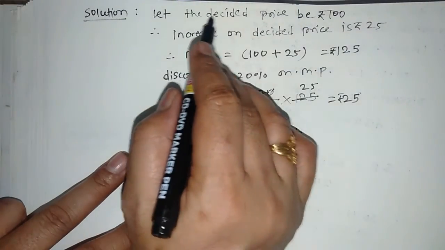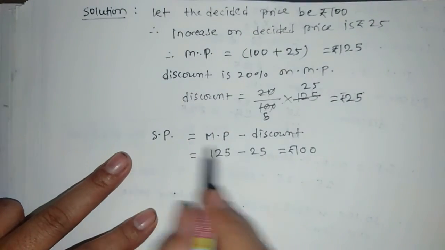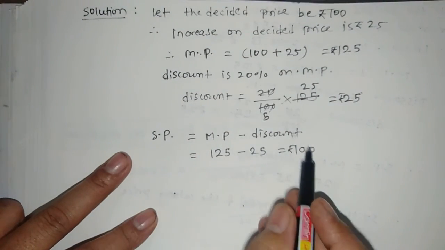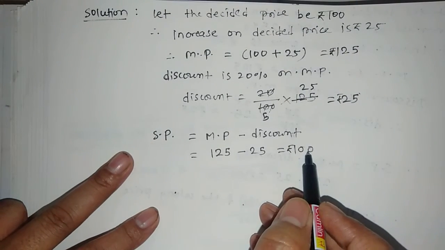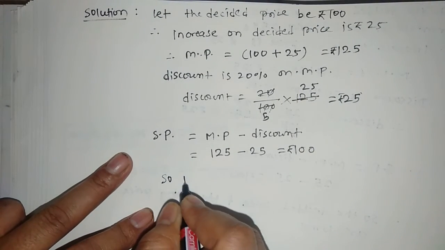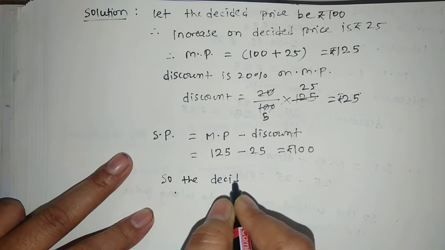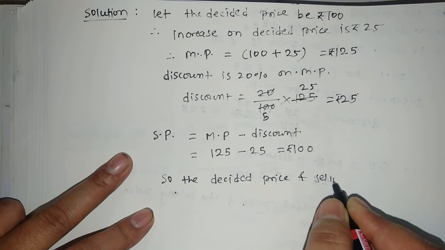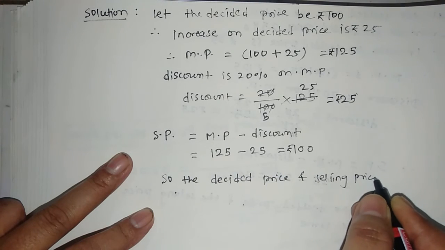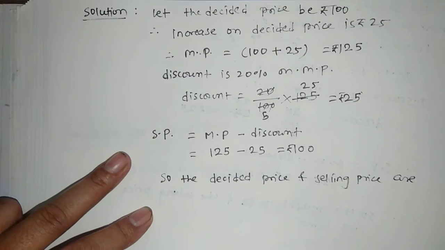So what is our decided price? 100 rupees. And what is our selling price? After increasing and giving discount, it is also 100 rupees. So the decided price and selling price are the same.